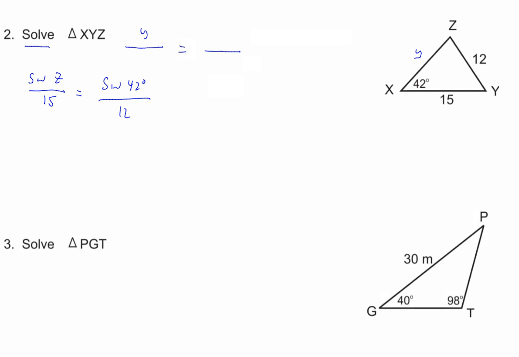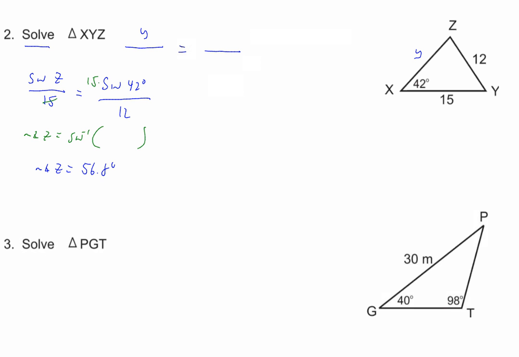I'll go to z. Remember, you are punching the sine to the -1 button. And where we end up is the measure of angle z is 56.8 degrees. Anybody concur? Okay.